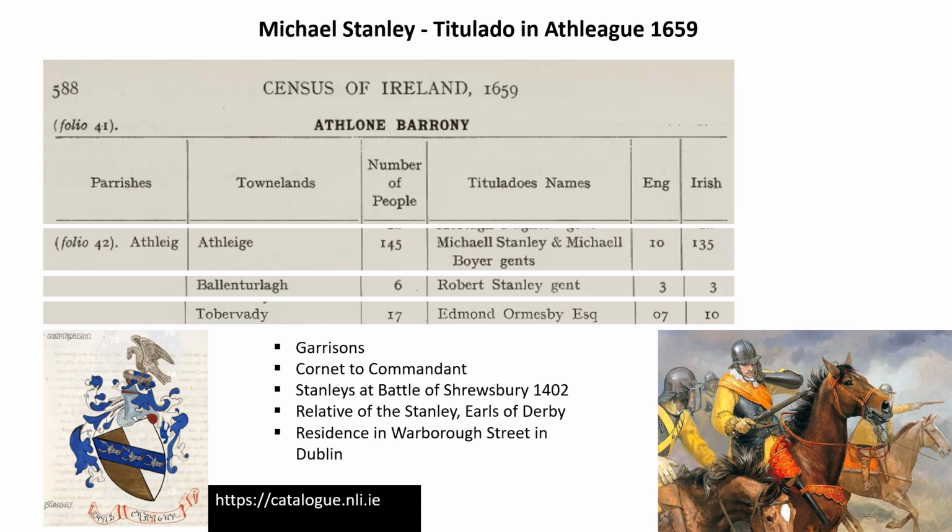Now that particular branch sided with King Charles in the Civil War, whereas Michael Stanley, obviously being on a less fortunate side of the family, decided to roll the dice and rode in with Cromwell and the parliamentarian forces, and clearly came out on top because he was granted all these lands in Roscommon and Galway. He was given a large estate in Tipperary, and ultimately also came into land in Westmeath as well. He also had a residence in Warburgh Street in Dublin.